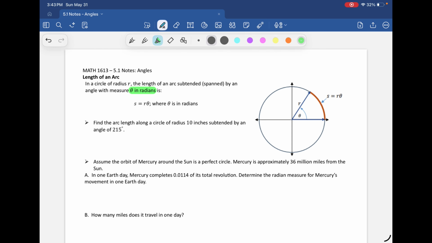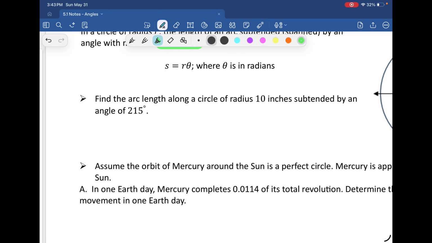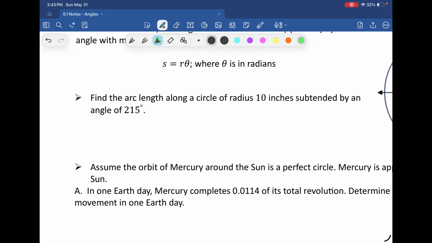All right, so find the arc length along a circle of radius 10 inches subtended by an angle of 215 degrees. I have radius. Radius is 10 inches. However, my angle, 215, is in degrees. So I need to take 215 and change it to radians.